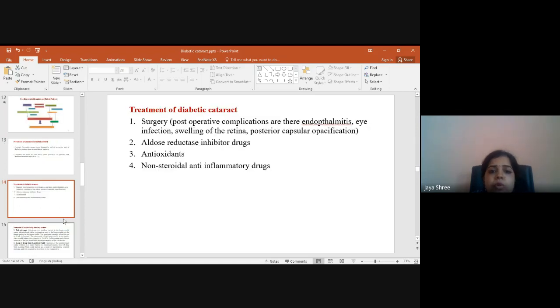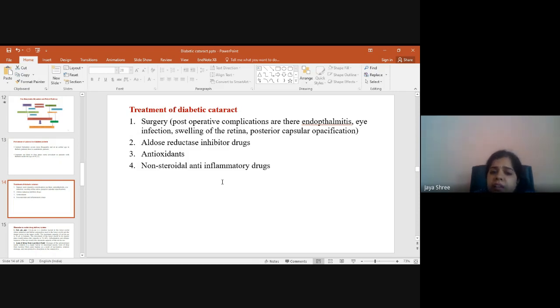So there are treatments for diabetic cataract. First is surgery. This is the only available treatment. All the people are going for this surgery only, and it is not cost effective. There are so many post-operative complications, like endophthalmitis, infection, swelling of the retina, posterior capsular opacification, and also it is very costly.